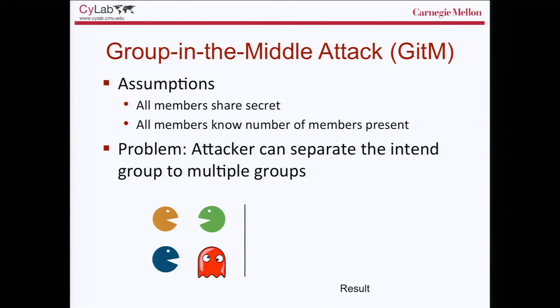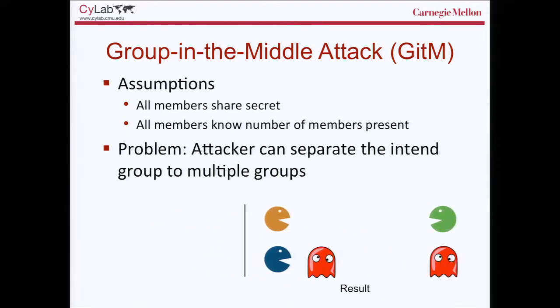So he can create a separate group for victim members, right? Creates a sufficient number of visual identities such that each group has the correct number of members, and now the victim members believe that they are part of a group of 4 members with 3 others. But instead, the victim is in a separate group with the adversary and fake identities. So this is another attack we're going to construct a defense against, right?